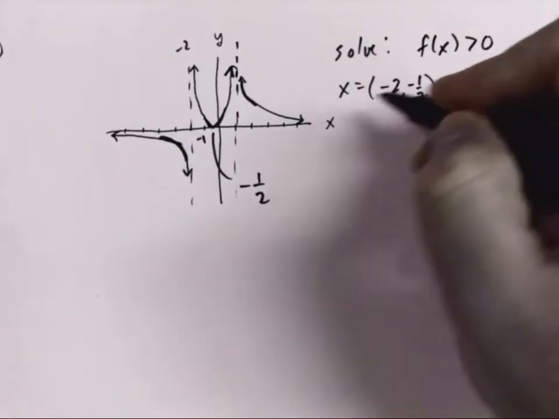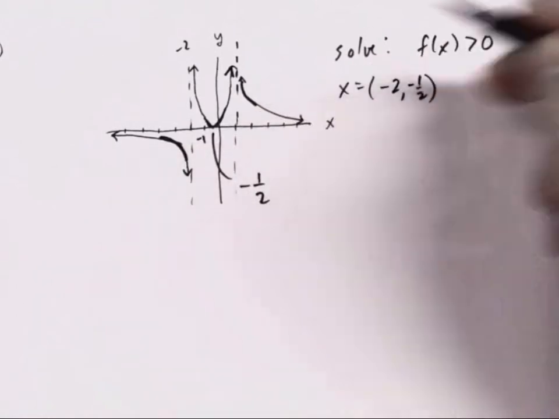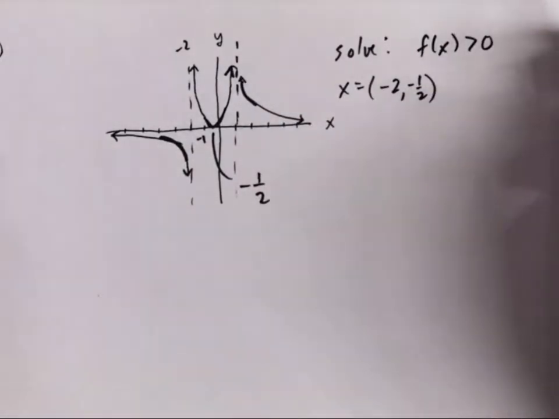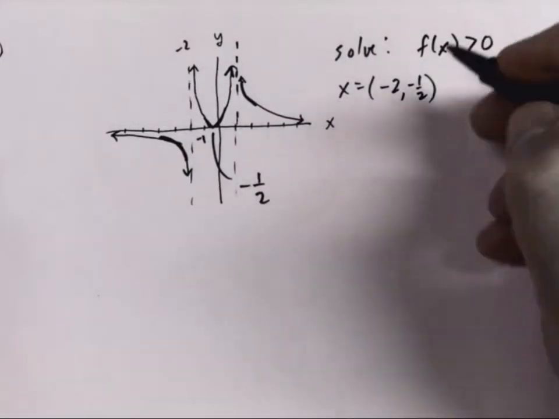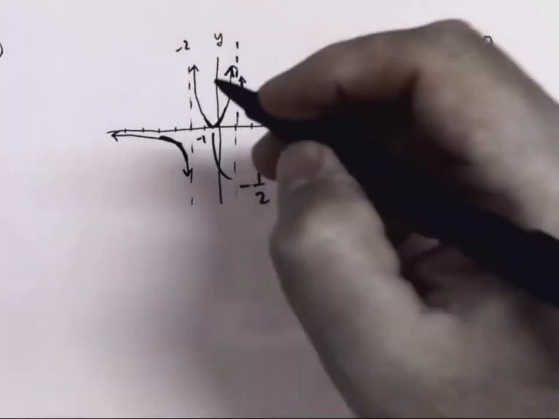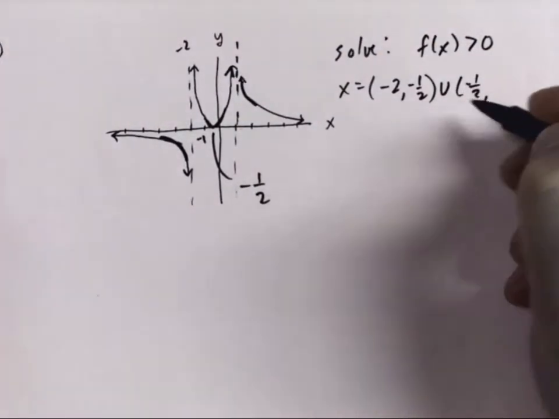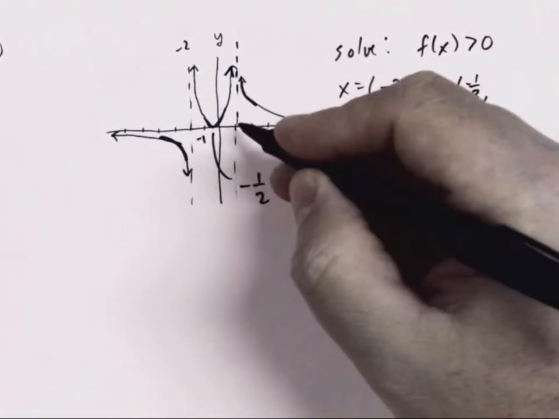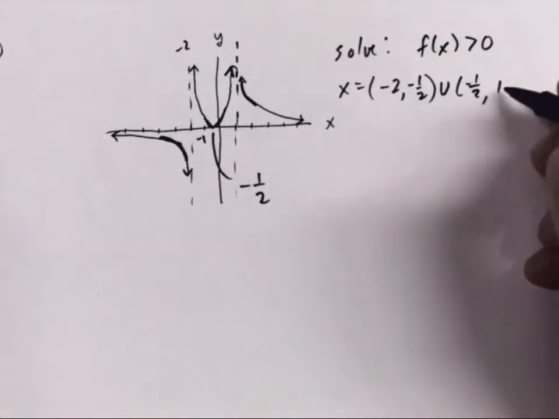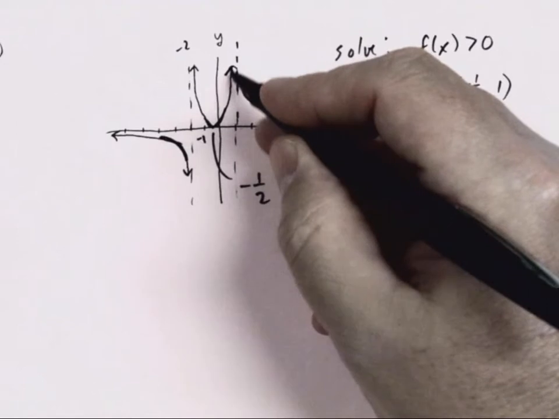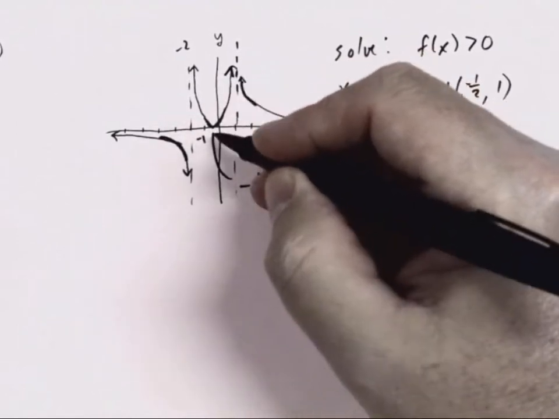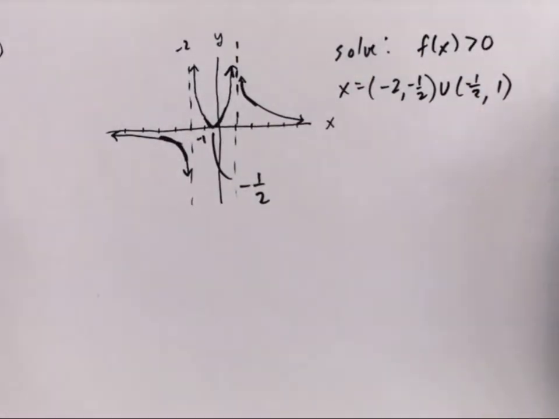I cannot include negative 1/2 because at negative 1/2 the function is 0, and I'm looking for where the function is positive. And then I union it. I start at negative 1/2 and go up. This is 1 right here. X is 1. So that's the right side of this graph here.